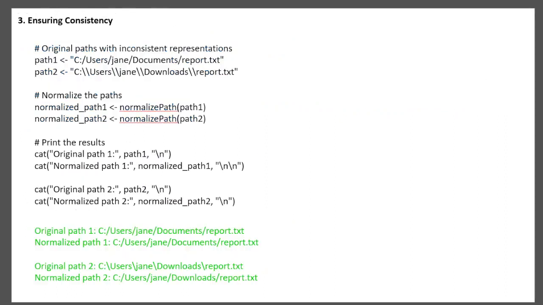And one more thing is ensuring consistency. Sometimes people express the file location mostly with forward slash, but if you are using backward slash, with the normalized path it will automatically change and give it in the single forward slash format. So this is one more advantage of the normalized path.